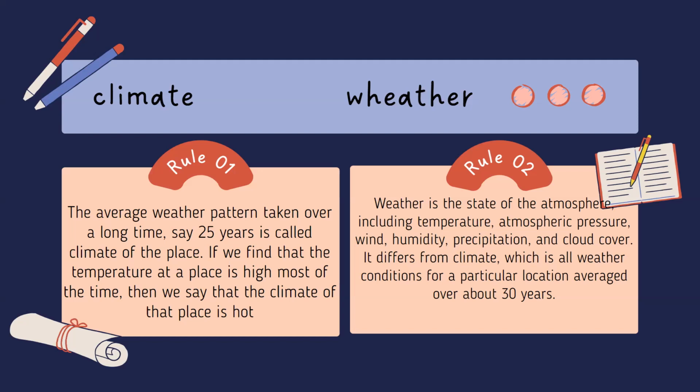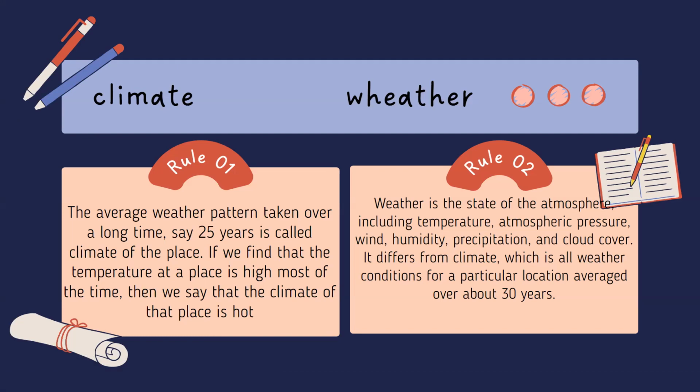Then weather. Weather is the state of the atmosphere including temperature, atmospheric pressure, wind, humidity, precipitation and cloud cover. So weather is nothing but the atmospheric condition. It differs from climate.